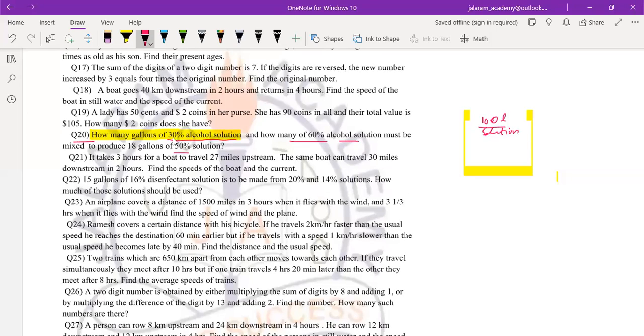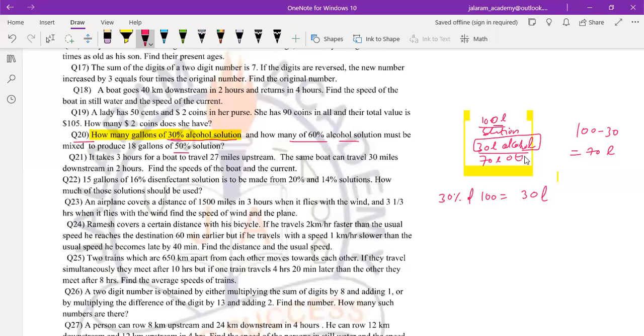So it has two things, 30% alcohol. So do you know the value of 30% of 100? It is 30 liter only, means it contains 30 liter alcohol. If we take 100-liter sample of this solution, it contains 30 liter alcohol, and the rest, 100 minus 30 equals 70 liter, is other things like water, mostly water.